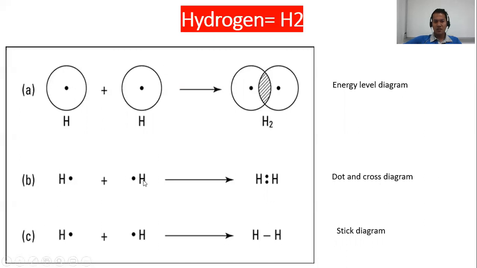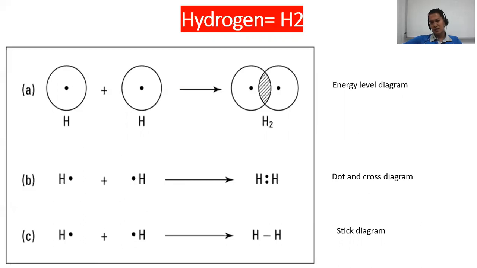Their goal is to have a full valence shell, so they're going to share. Take a look now. This one has 2, that means full, and this atom has 2, full. So they are going to share 1 each.